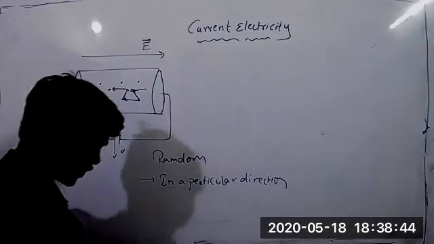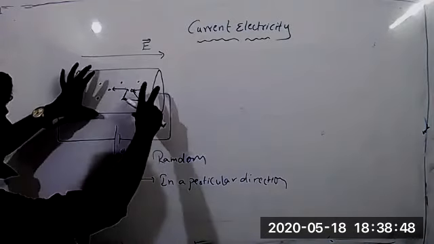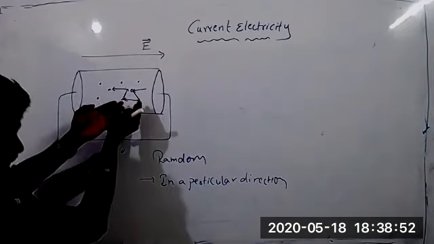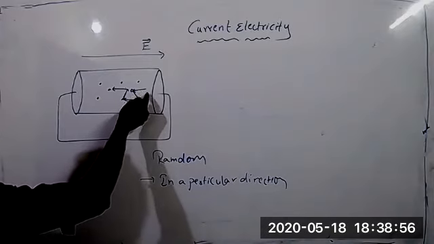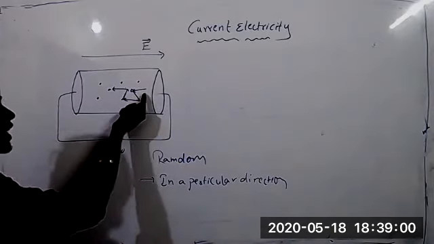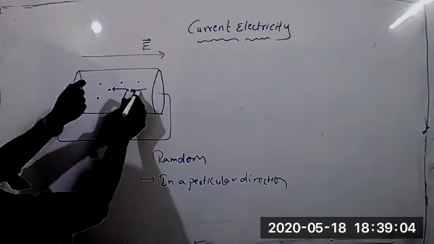See, when the electron is moving in the electric field, in a conductor, if you apply a potential difference, force will act on the electron. With that force, it tries to move from the negative terminal to the positive side, opposite to the electric field. When it is going freely, it will collide with the other particles which are at rest.